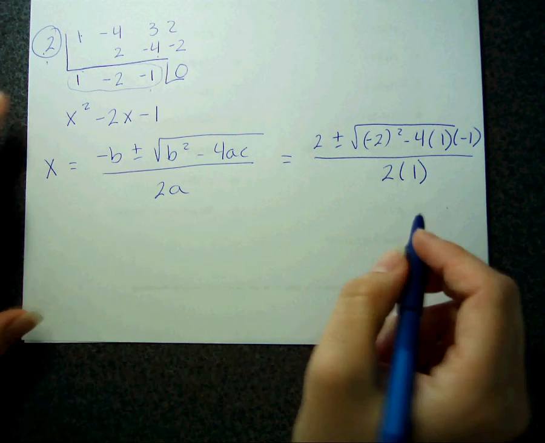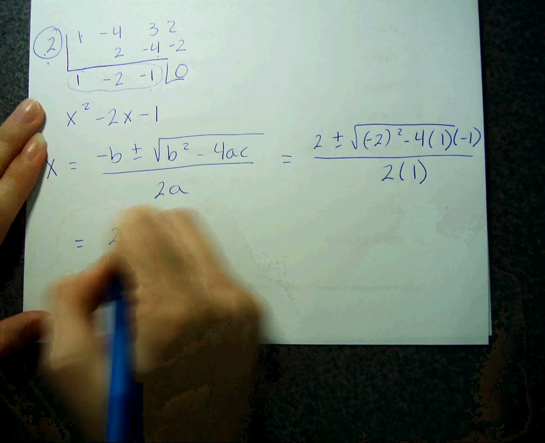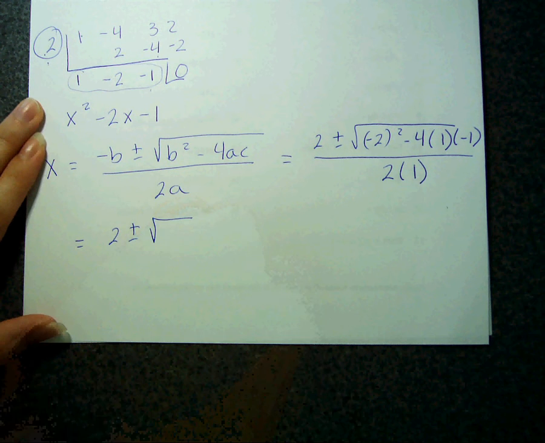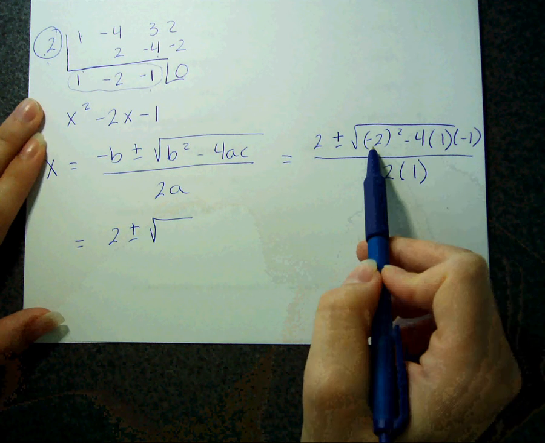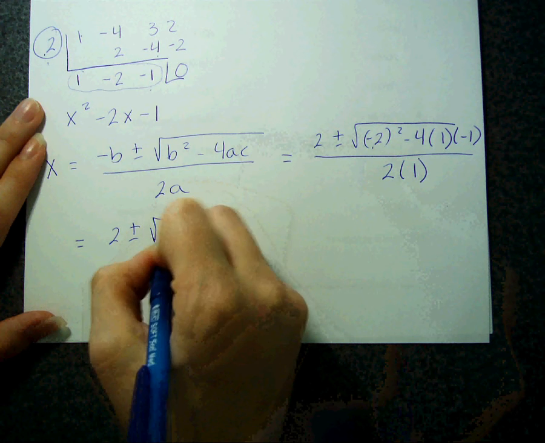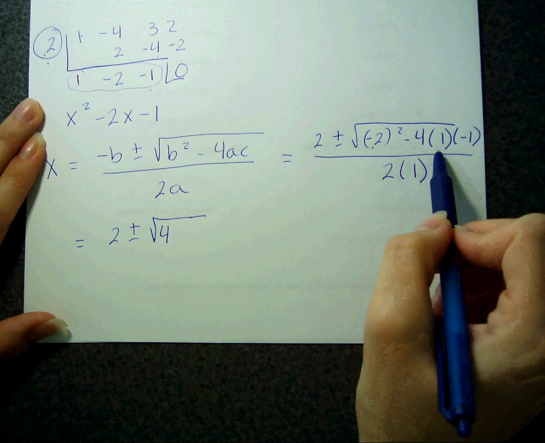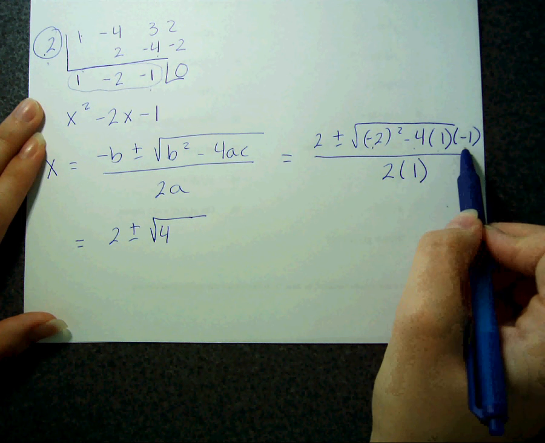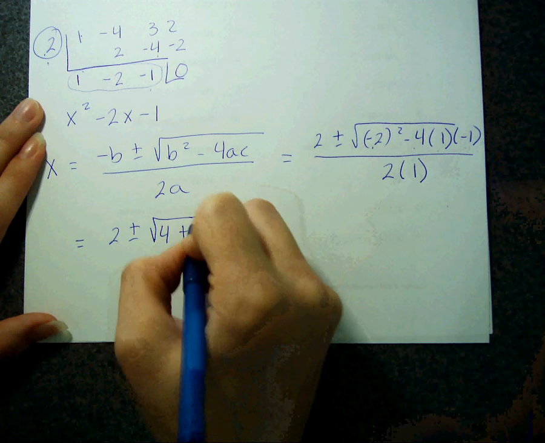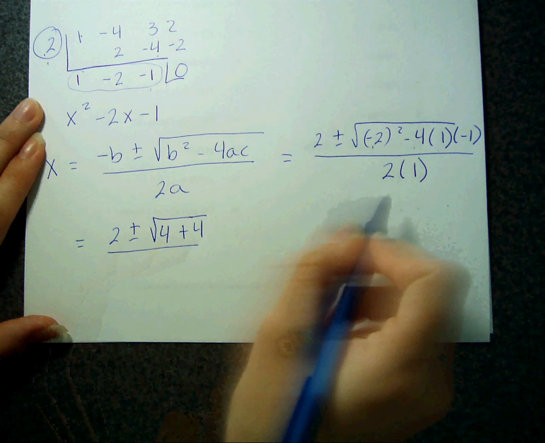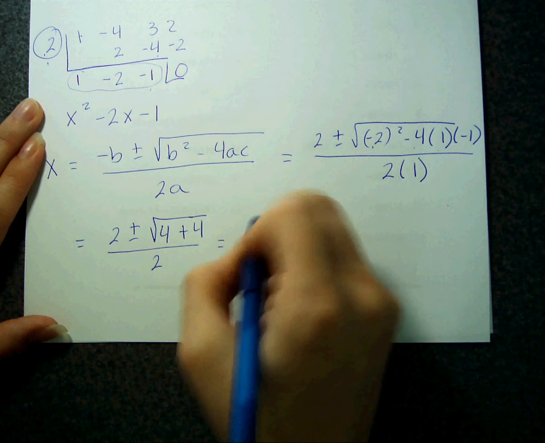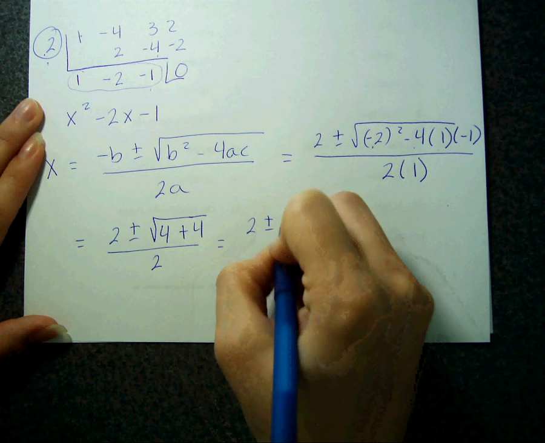I have 2 plus or minus the square root. Negative 2 squared is 4. So I have 4. Negative 4 times 1 is negative 4. Negative 4 times negative 1 is positive 4. So I have plus 4. All over 2 times 1 is 2. So I have 2 plus or minus the square root of 8 over 2.